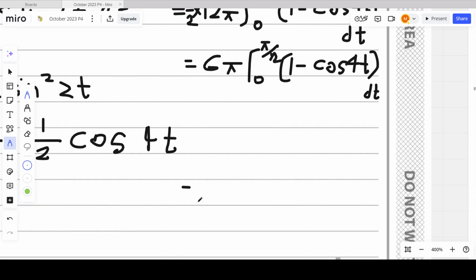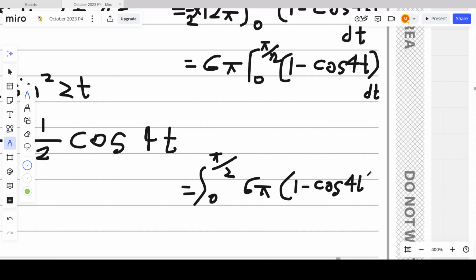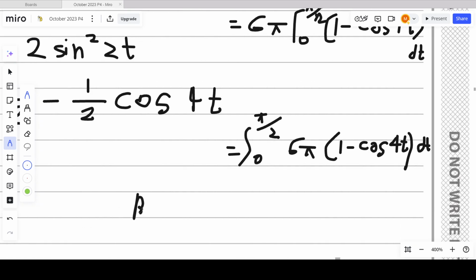So we will get the integration from pi over 2 to 0 of 6 pi times 1 minus cos 4t dt. That's it. So the value for beta is 6 pi. Done.